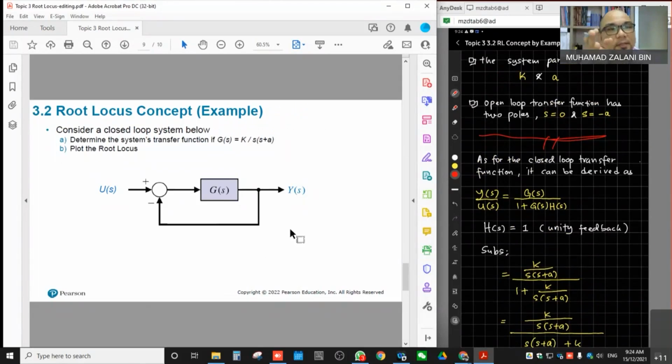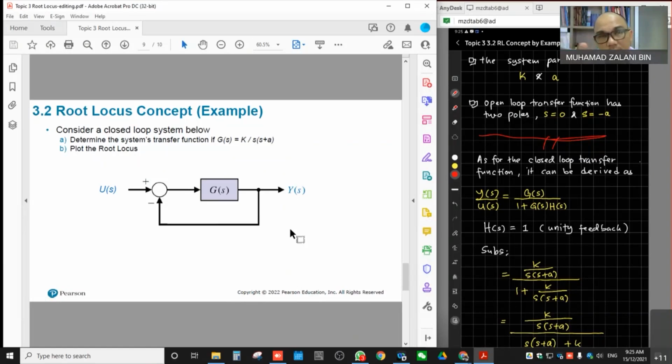After this subtopic, I'm going to talk about the rules that we should follow when we want to sketch the root locus. Actually, these rules are not something we must follow, but a guideline when we want to sketch the root locus by hand.